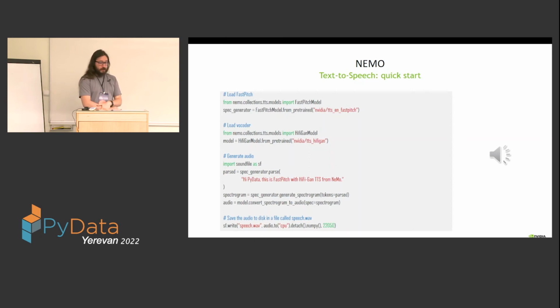So you load them, you generate spectrum with, for example, the phrase "Hi PyData, this is FastPitch, and hi GAN TTS from NeMo." And then you convert your spectrum to actual audio and save.